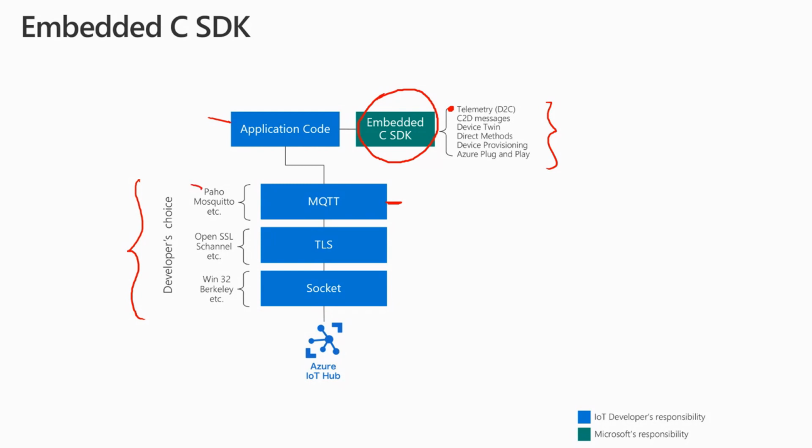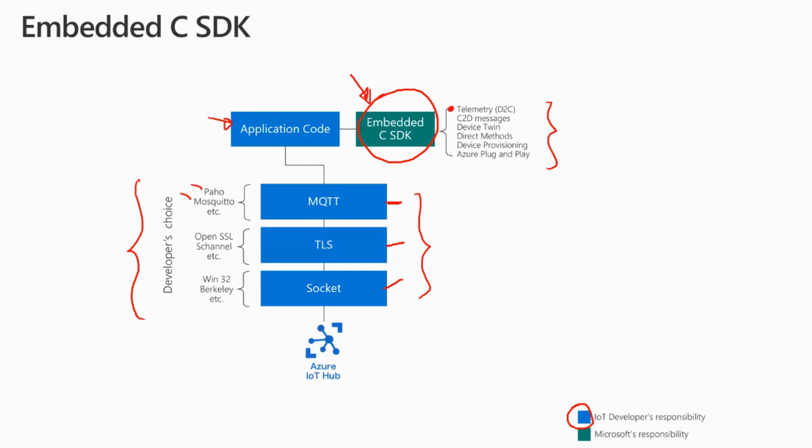This could be Paho, Mosquitto, or any implementation that is specific to the MCU, the microcontroller that you're using. The same goes for TLS, and the same goes for sockets. As you can see here by the color, it will be for the IoT developer to choose whichever stack they prefer, also creating their code. And then we, Microsoft, will be providing you with the embedded C SDK.